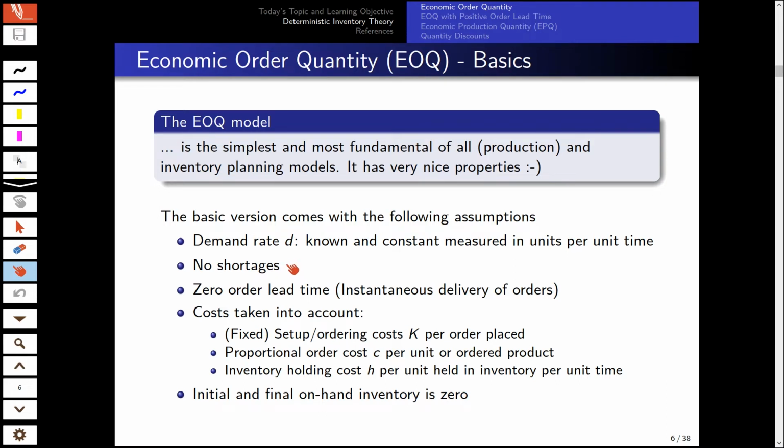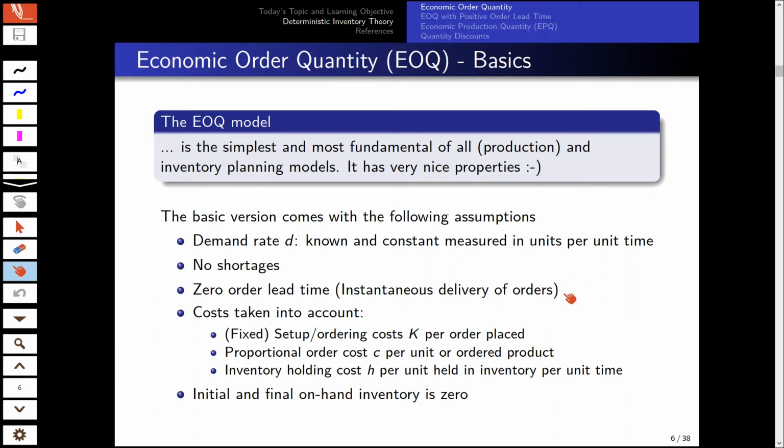That means that we have to fulfill the demand, which is known, and we do not allow for shortages to happen. So we would not have a back ordering log system where we note how much demand we will have in the future, and then we could go to a negative inventory and fulfill this demand at a later stage, but this is not allowed.